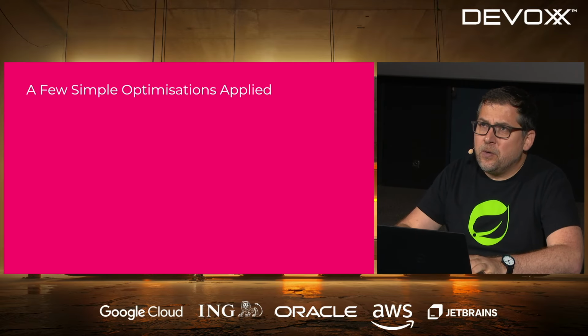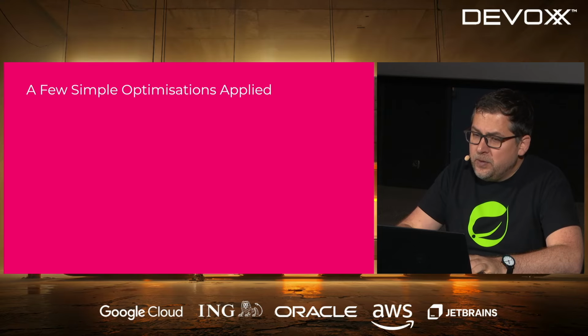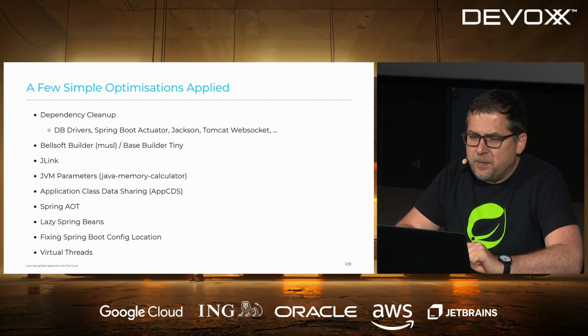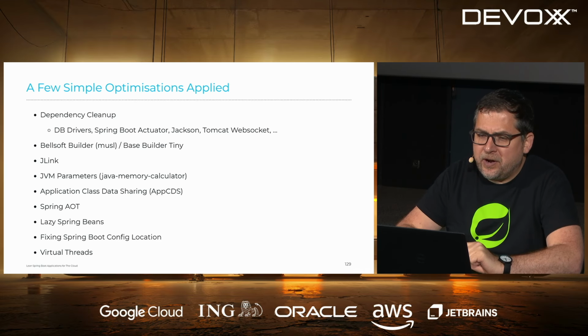Great. So think of the following. We have done quite a lot of optimizations. We talked about dependency cleanup, DB drivers which were unnecessary, actuator, Tomcat, WebSocket, Jackson, for example, just removing dependencies. Think of using different builders.